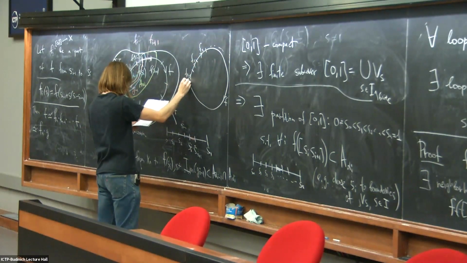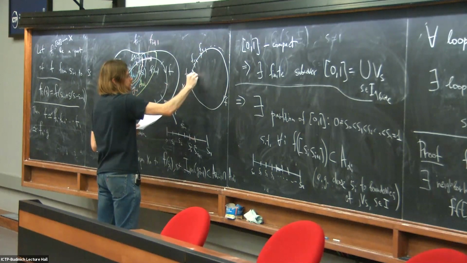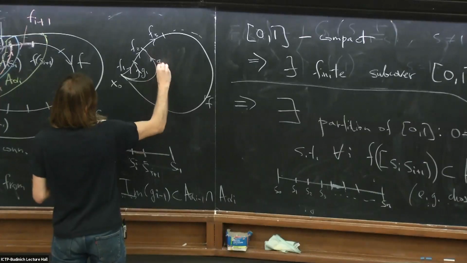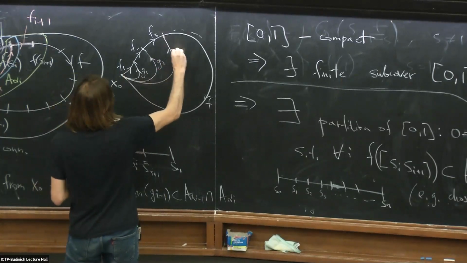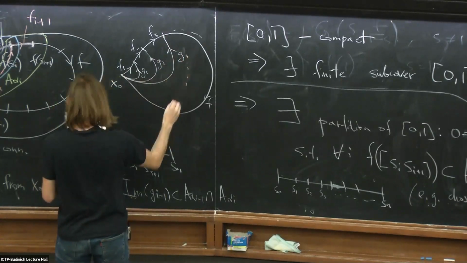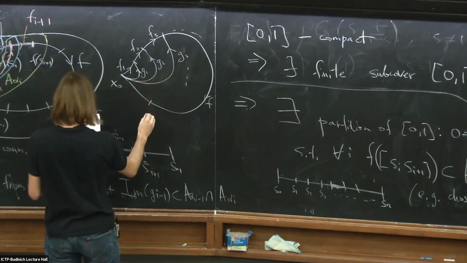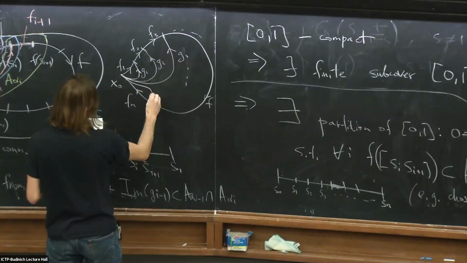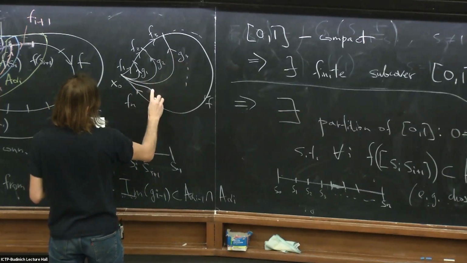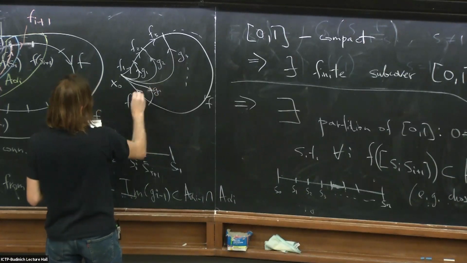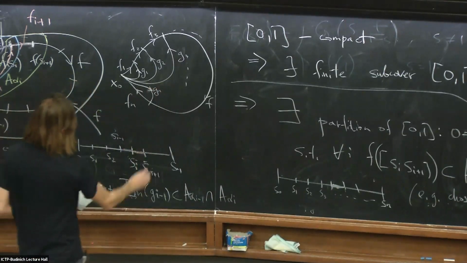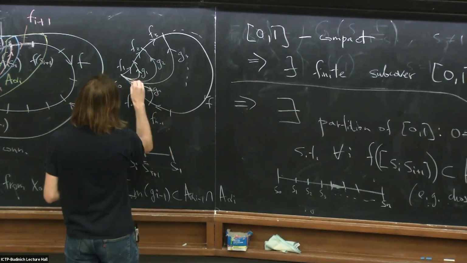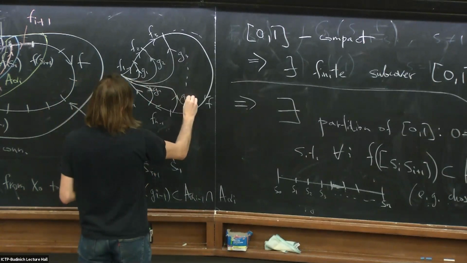And from here we have g1, here we have g2, g3, and so on. And finally, the last piece is fn, and we have gn. Like this, f n minus 1 here.